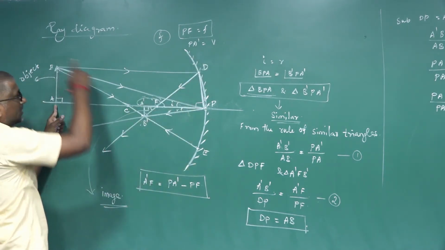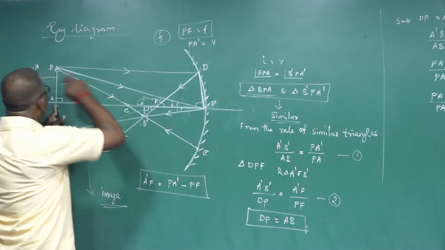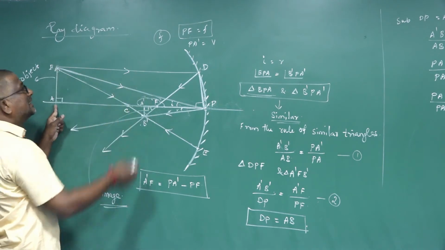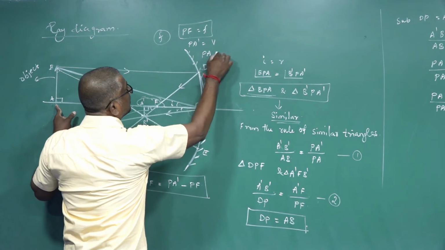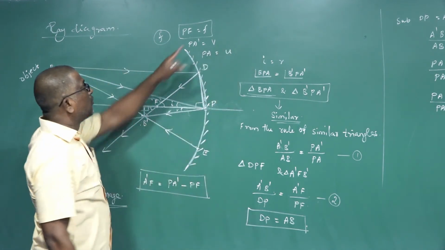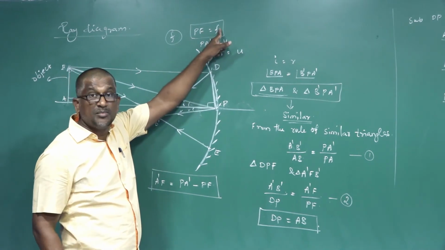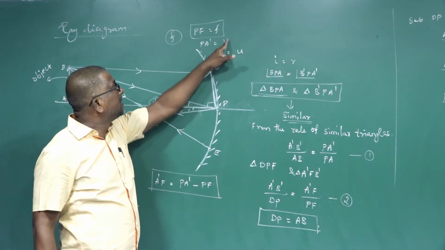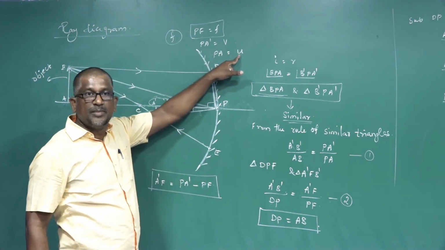And this is the object and this is the pole of this concave mirror. The distance between the pole and the object is called object distance. So PA is equal to u. The focal length of a concave mirror is represented by small f, the image distance by v, and the object distance by u.